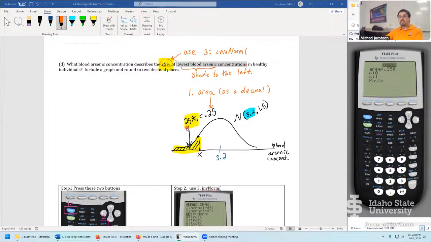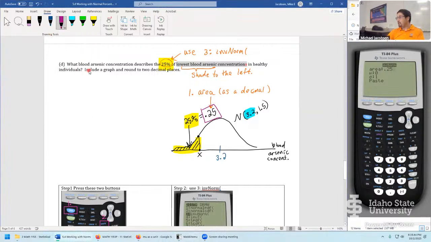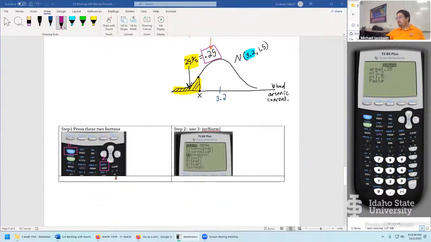But the takeaway is take your percentage, convert it to a decimal number, and this is what should go into the calculator. From then on out, we import the model parameters. Mean is 3.2. Standard deviation is 1.5. And this should do the job for us.